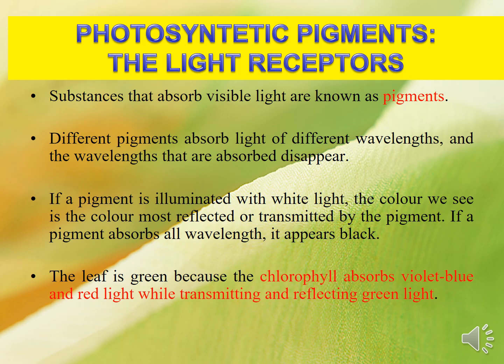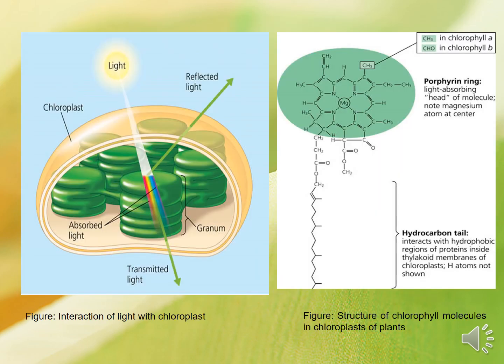Because of that, you can see the color of the leaf is green. This one is regarding what I told you just now. When the pigment absorbs the energy from the light, the color that you see with your eyes is the color that is most reflected and most transmitted. So you can see that color.